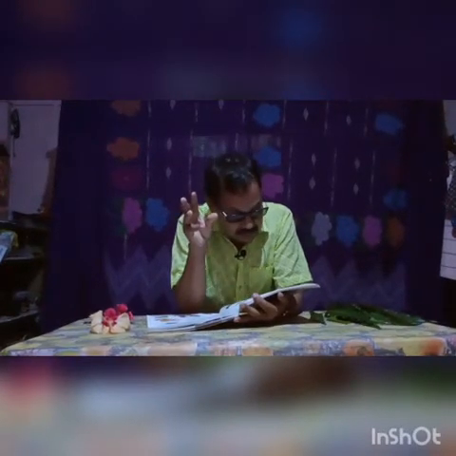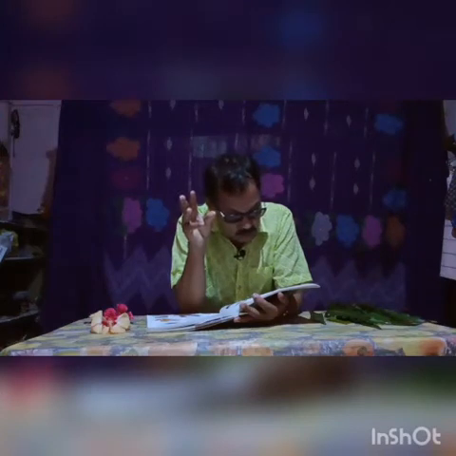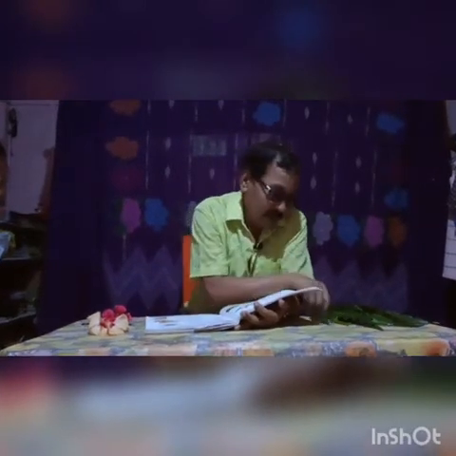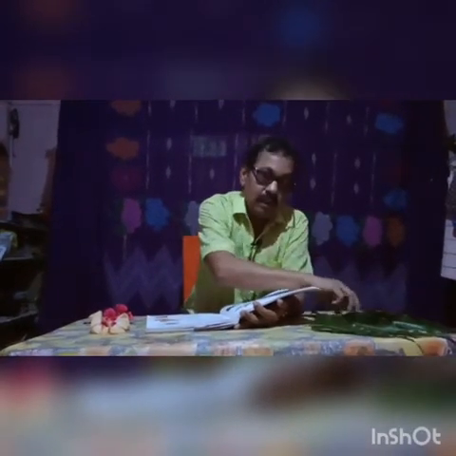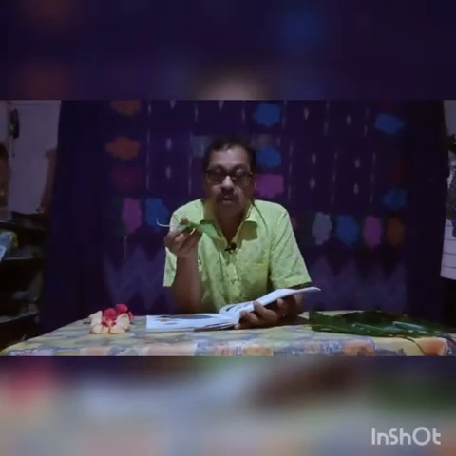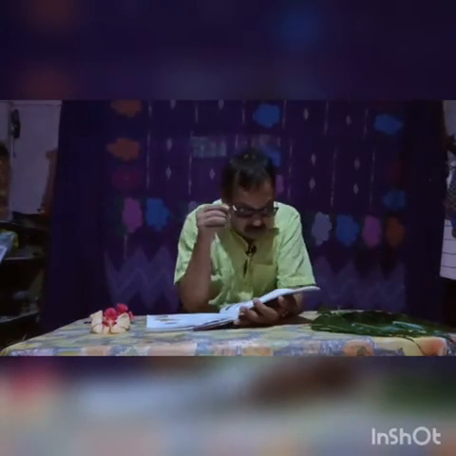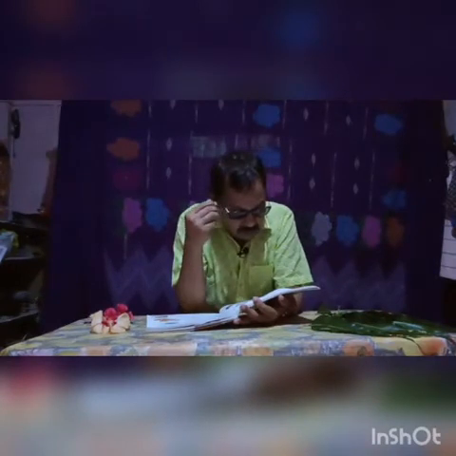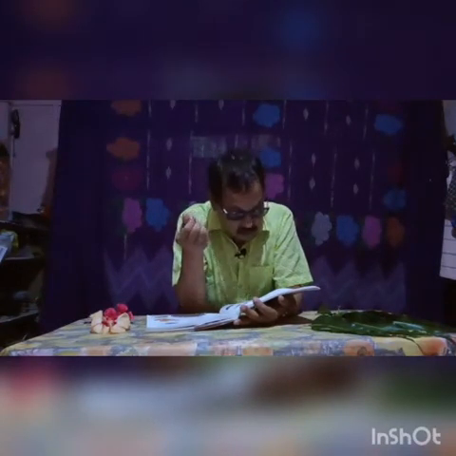These are modified leaves. So modified leaves reduce loss of water. If there are flattened leaves, then maximum water will be needed. So to reduce loss of water, the leaf is reduced to a spine.